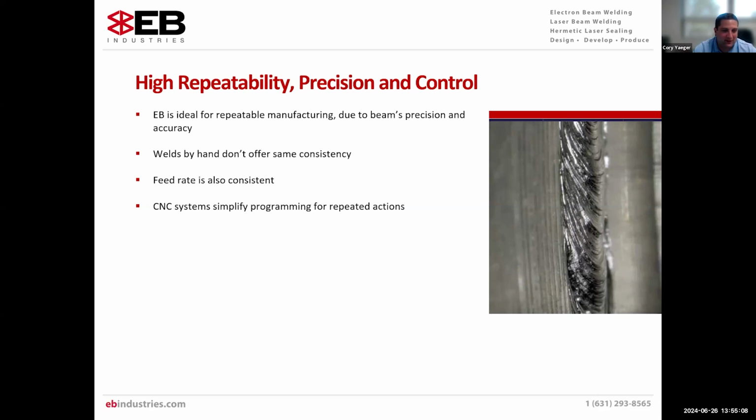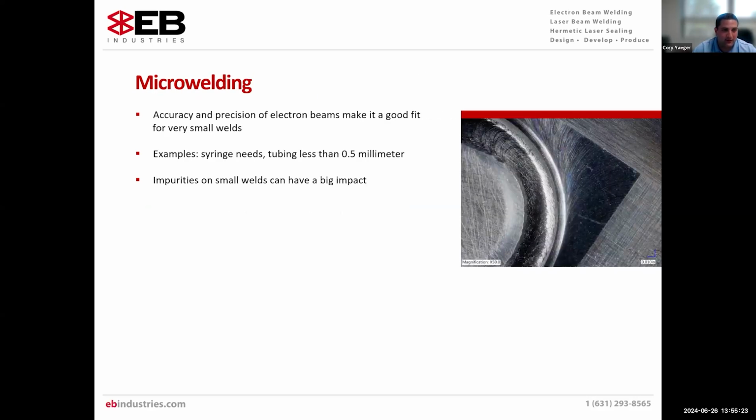This makes it very comfortable when welding medium to high volumes of parts, where you can be very certain that part 1 through part 1000, if you were to section them, would have the same quality and the same results.